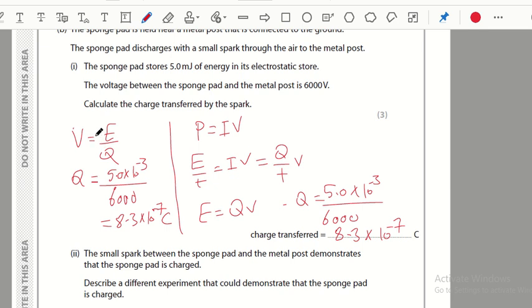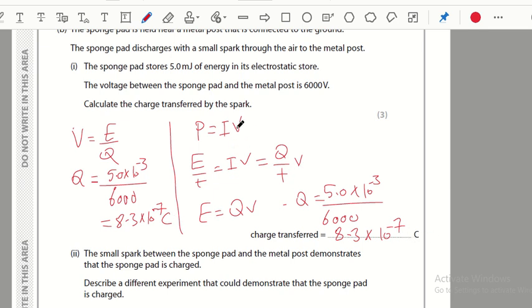So we can imagine that the spark through air is like a part of circuit, and we can use this equation, rearrange and substitute, and take care that 5 millijoule, milli should be replaced by 10 to minus 3. This is to obtain the final result in coulomb.